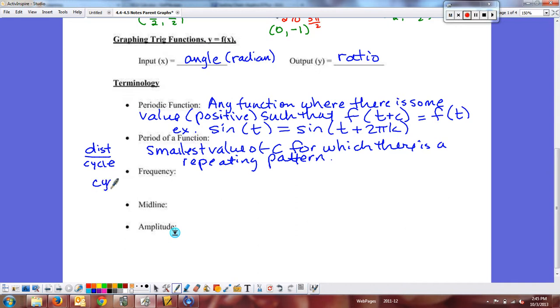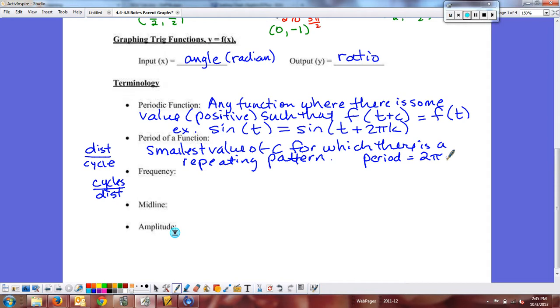It is the number of cycles per a certain distance. How frequent is it? So, for example, in one trig function, and I haven't said which one yet, but I just want to give you an example, suppose we know that it has a period of 2 pi radians. That is going to take you a distance of 2 pi radians around the circle, and then the pattern is going to repeat itself. So we say the period is 2 pi.